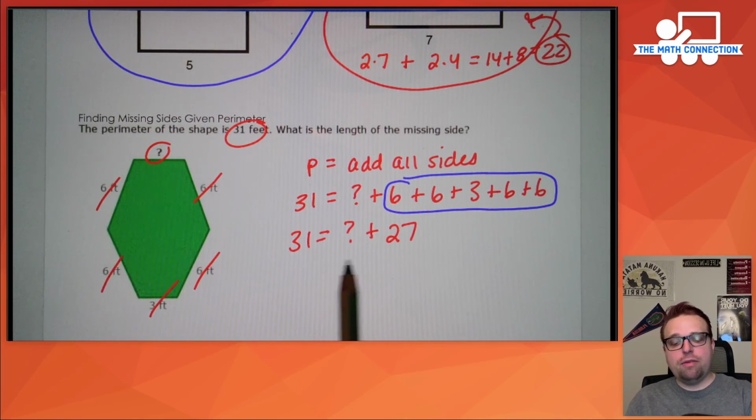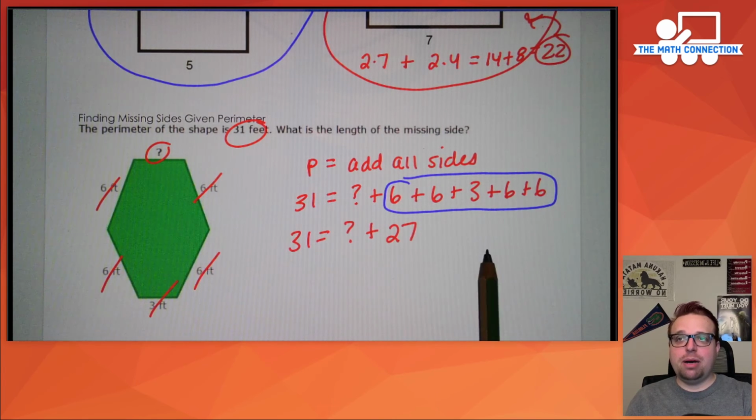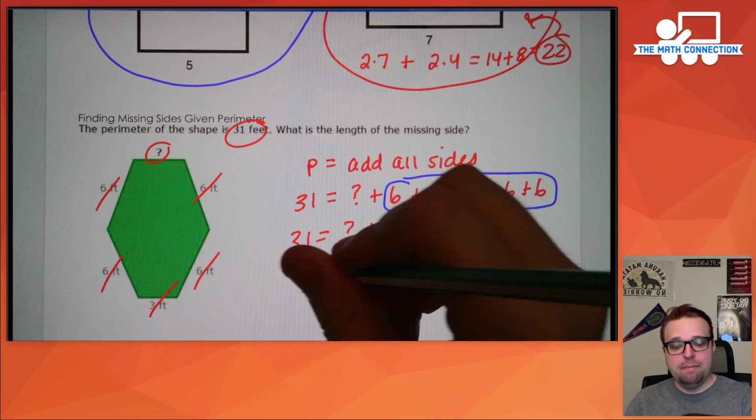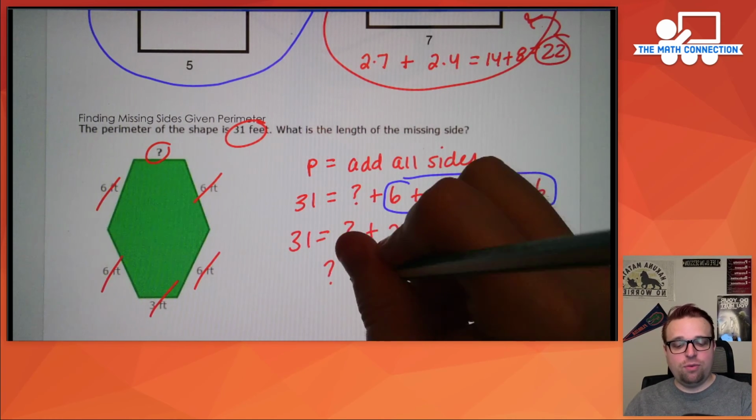So we have 31 is equal to 27 plus something. So if you have 27, how much more do you need to go to get to 31? That's what this question is asking. So that would be 3 and 1 would give me 4. So the missing side length is 4.